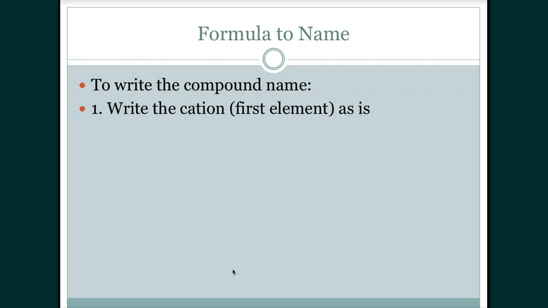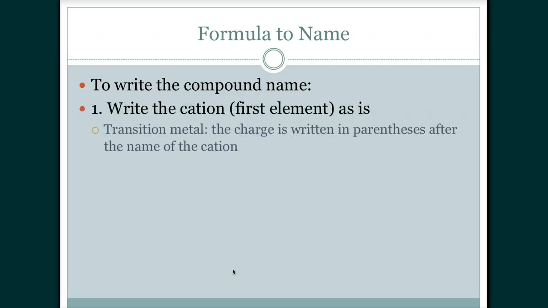To write the compound name, write the cation, and then, for example, we have iron and oxygen, right? And obviously it's going to be oxide. And then how do you figure out if iron is a transition metal? We need to state what kind of charge that transition metal will have as a cation. So what I'm looking at is this right here.